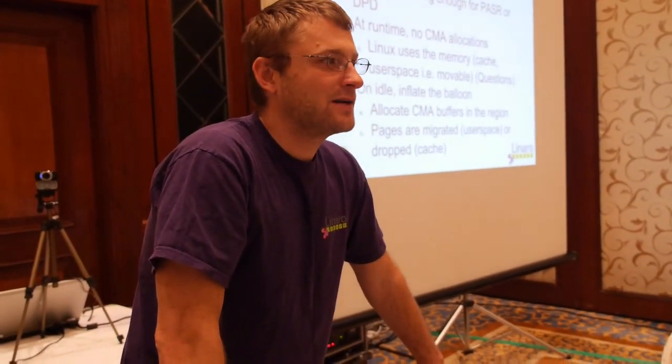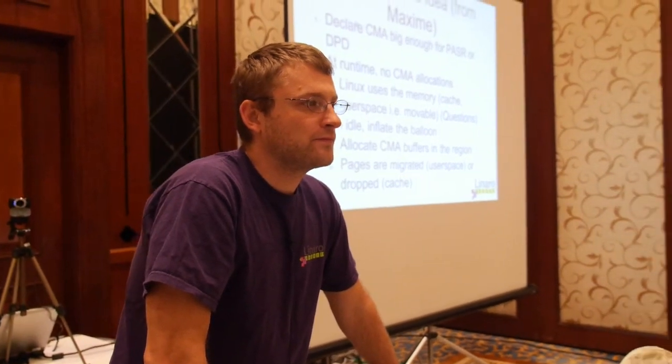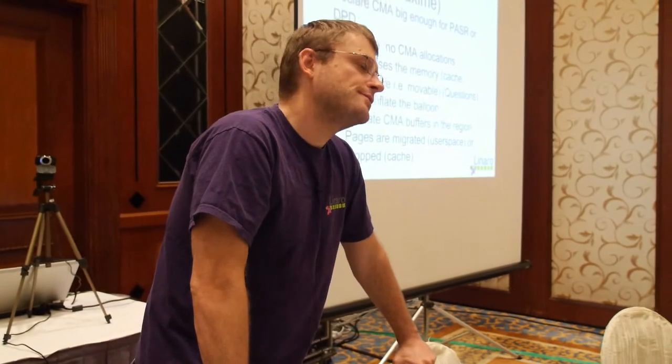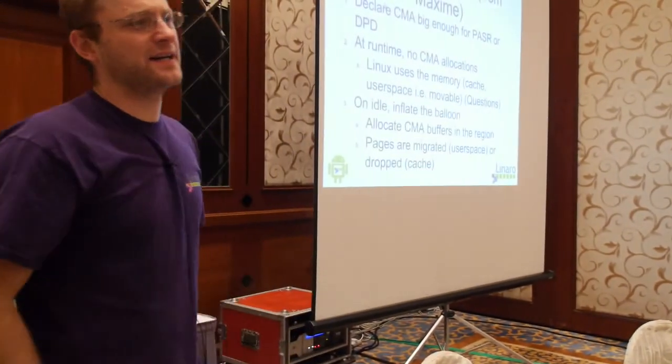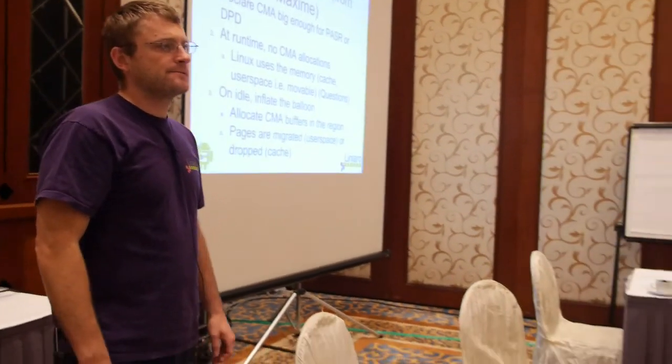Yeah, because with PASR you keep some logic up and running compared to DPD. That's why. Yeah, and that makes a lot of sense. You save much more with DPD. Okay, that makes a lot of sense.